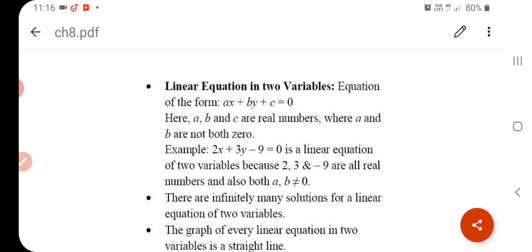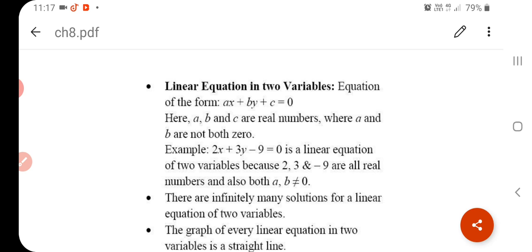If we say linear equation in one variable, how many solutions are there? Only one solution, meaning every linear equation in one variable has one and only one solution, root or zero. Permissible rule for solving an equation: we have solved equations in two ways. First is the balancing method and another is the transposing method.